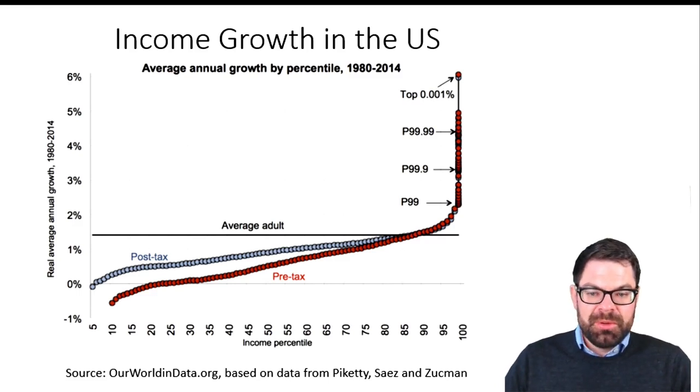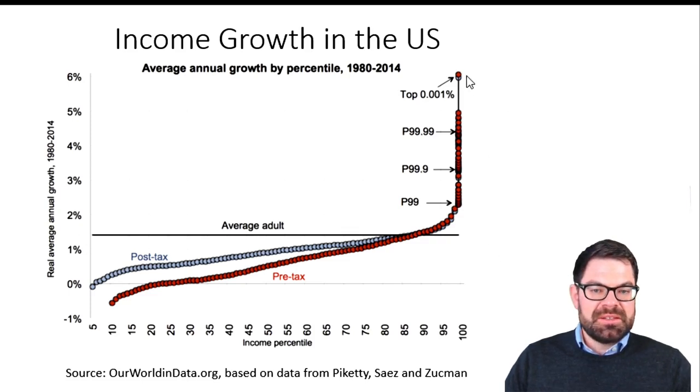And what they have shown here in the US, for example, is the massive income growth, and we're talking here about annual growth, okay? So from year to year, how much did the income grow? For the average adult, it was per year about 1.3%.